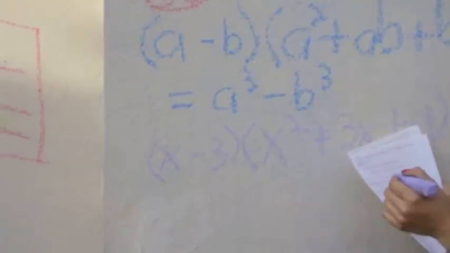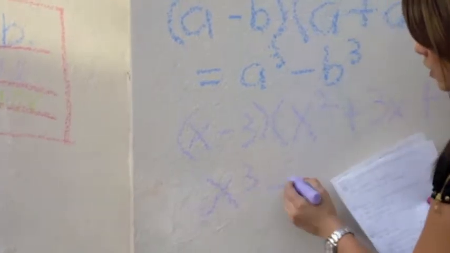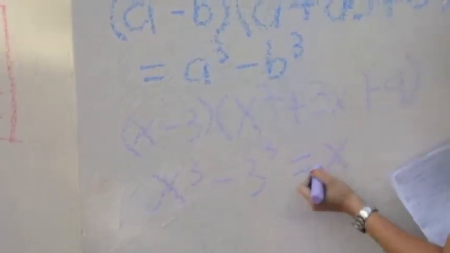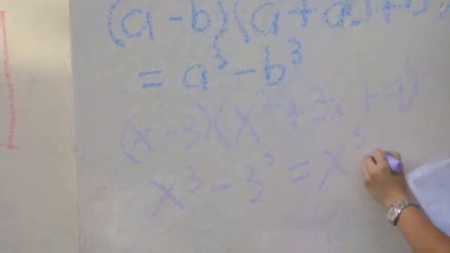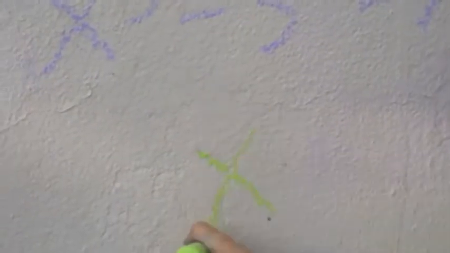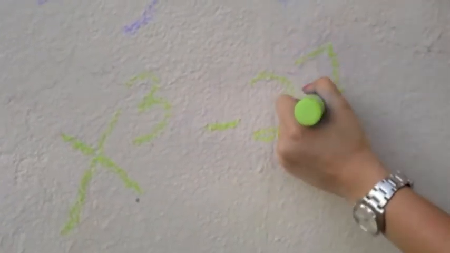So the answer is going to be the first term cubed minus the second term cubed, and this is x cubed minus 27. So the answer is x cubed minus 27.